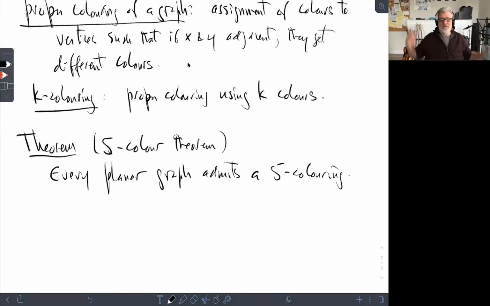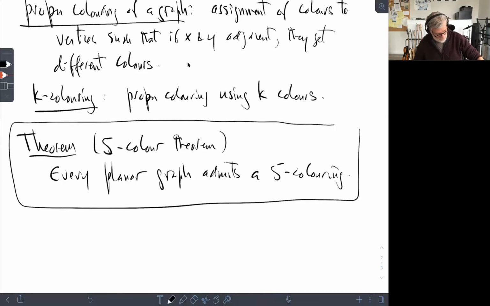So you can have a zillion vertices. If the graph is planar, you can color the vertices with only 5 colors, and such that adjacent vertices get different colors. Okay, so this is the theorem that I would like to prove.